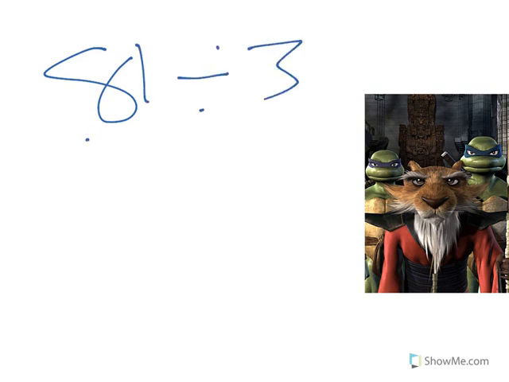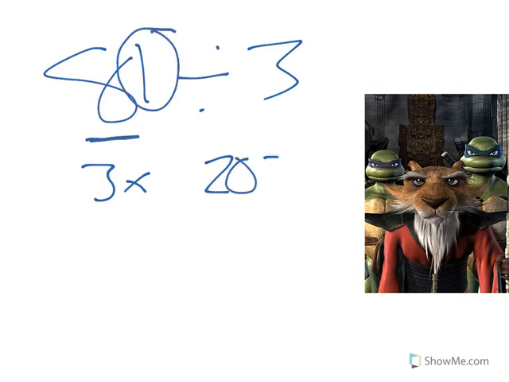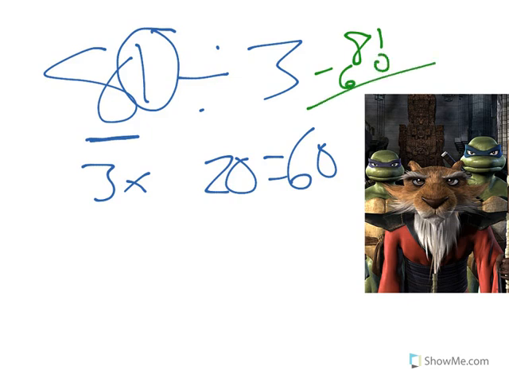Okay, another one. If I have 81 divided by 3, once again I'm going to say 3 goes into 8 how many times without going over? 2, good. I have to add a 0 because of this. So 3 times 20 equals 60. Now I'm going to take this 81 minus my 60 and I get 21.